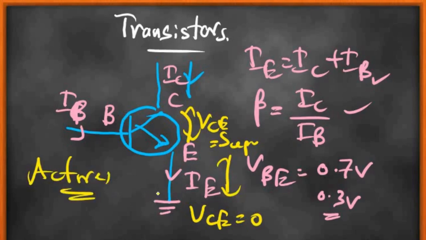Of course, current flows from B to E in this transistor. It's an NPN transistor; in PNP transistors, it's the other way around. These are the basic things you should know about transistors.